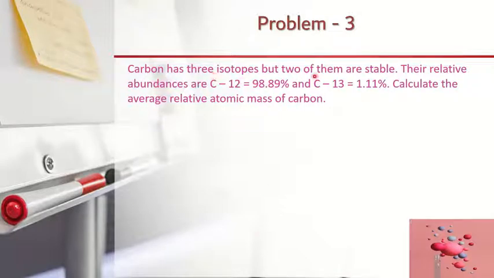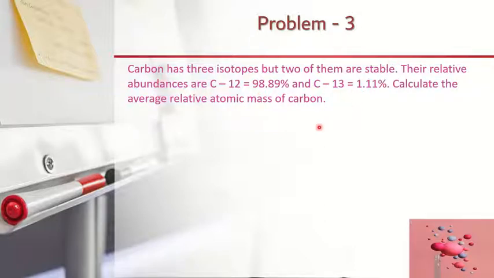Carbon has 3 isotopes, but 2 of them are stable. Their relative abundances are: carbon 12 is 98.89% and carbon 13 is 1.11%. Calculate the average relative atomic mass of carbon. Dear students, look here. Their abundances are 98.89 and 1.11.